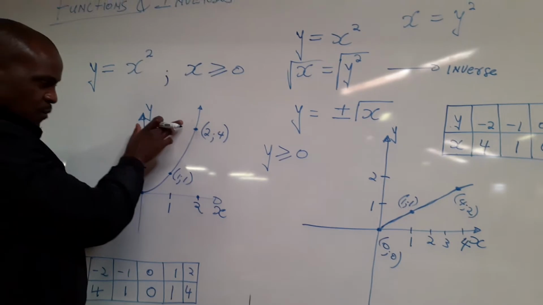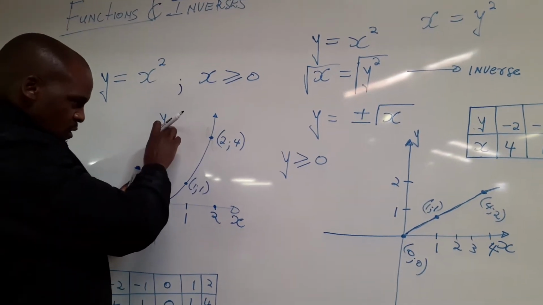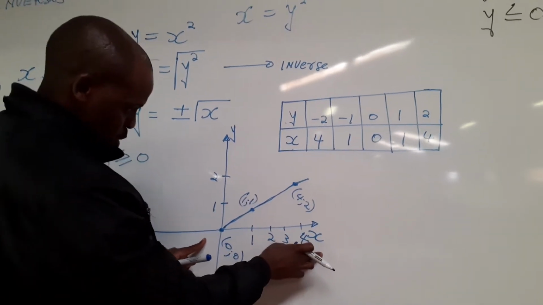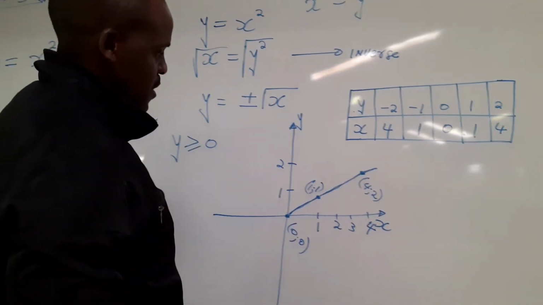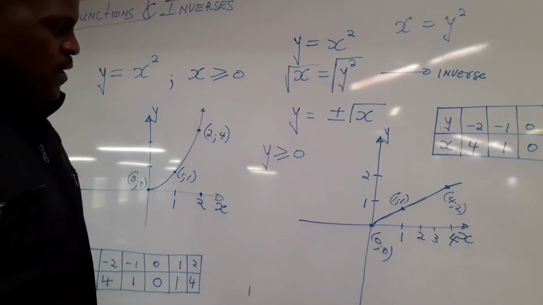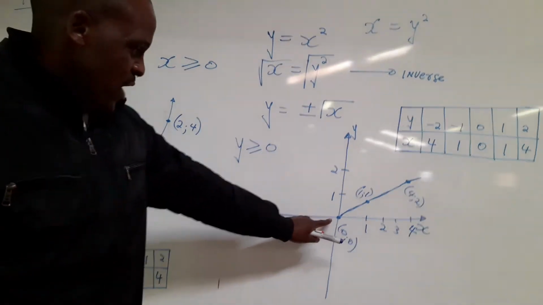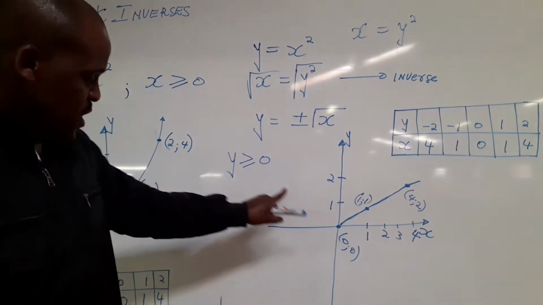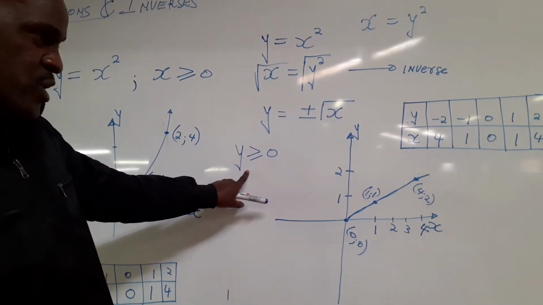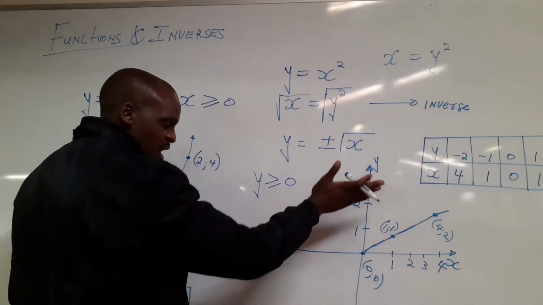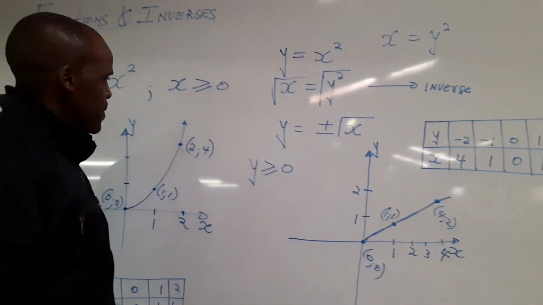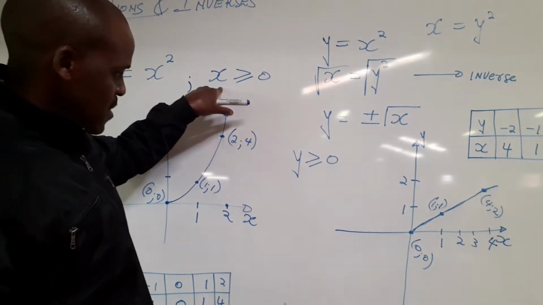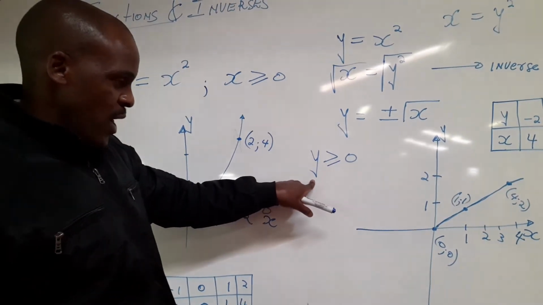It is facing upward, the positive values of y. Here it will face the positive values of x. Make sure that once you are writing the inverse, you write the range. It has to be above the x-axis. Here, that's the domain. It's x, the domain, y, the range.